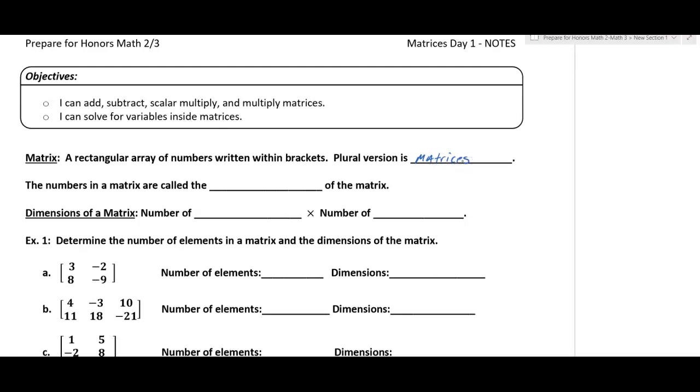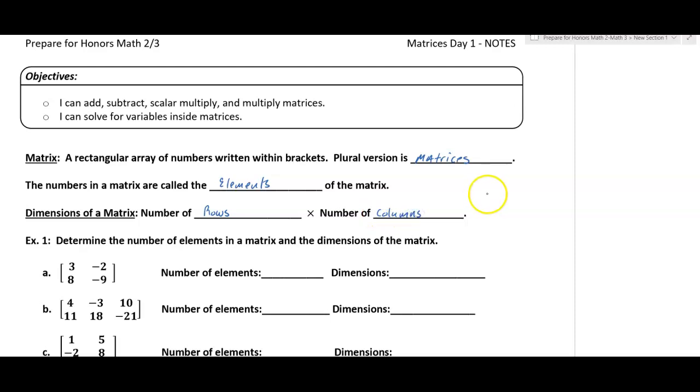Now, within each matrix, there's a bunch of numbers that are arranged. The numbers in the matrix are called the elements of the matrix. And each matrix does have a dimension. So the dimensions of a matrix is the number of rows by the number of columns.